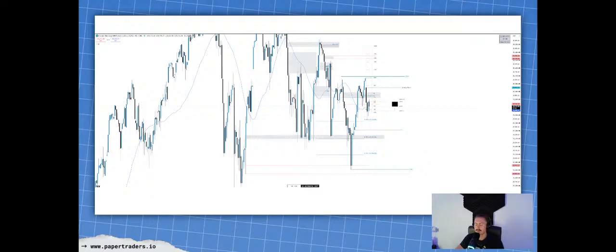So price is also currently trading around the 1550 EMA, which is a good trend indicator for us. If it breaks back below that, we'll see a continuation to the downside. If price remains above, we can get that upside.